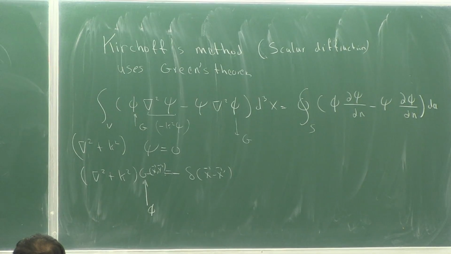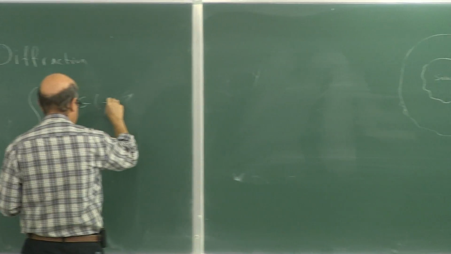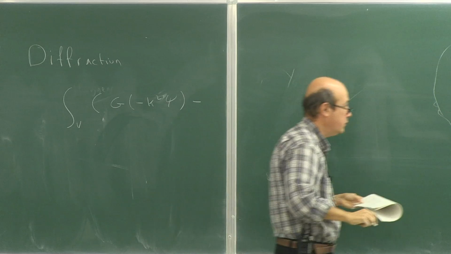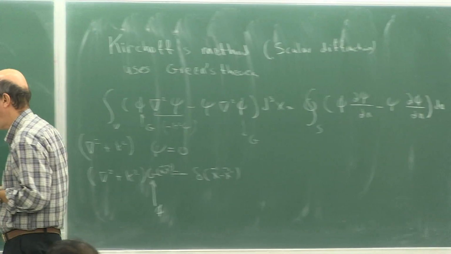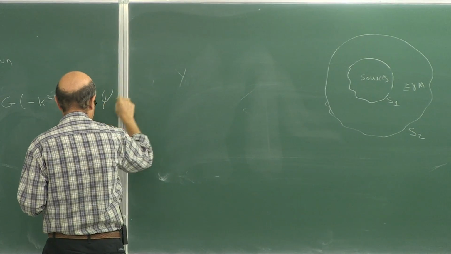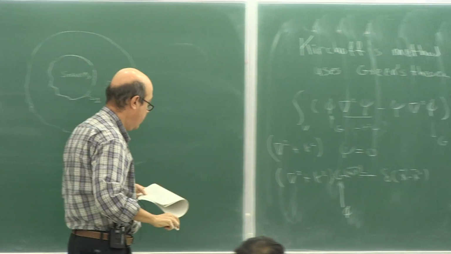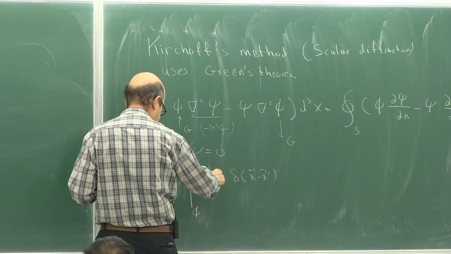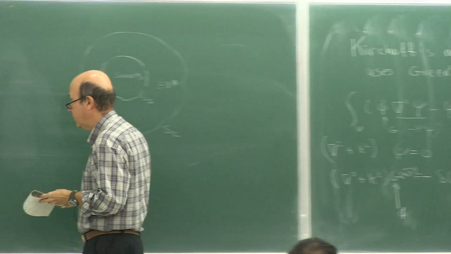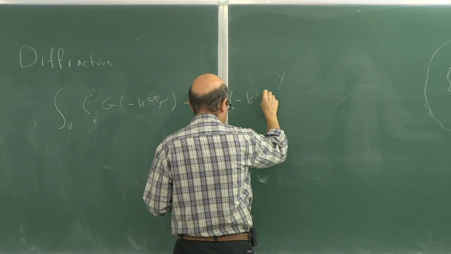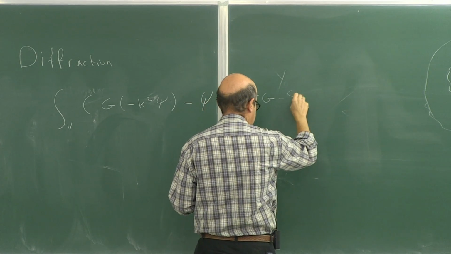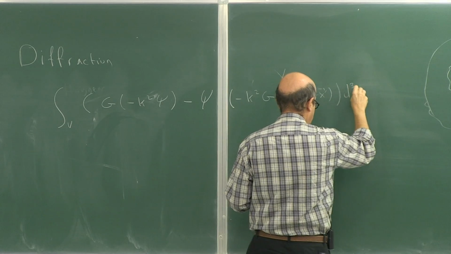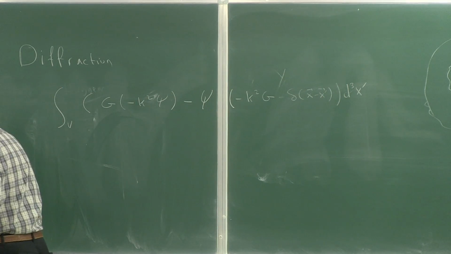That is coming from the wave equation. Minus the other term, psi times, instead of the Laplacian of the Green's function, minus k squared Green's function minus delta function of x minus x prime, integrated through the volume, and the right hand side is the same.